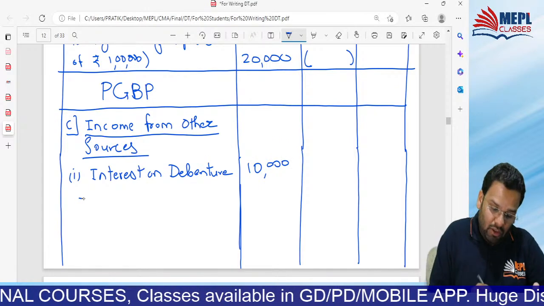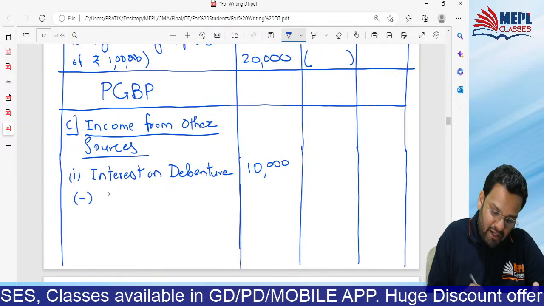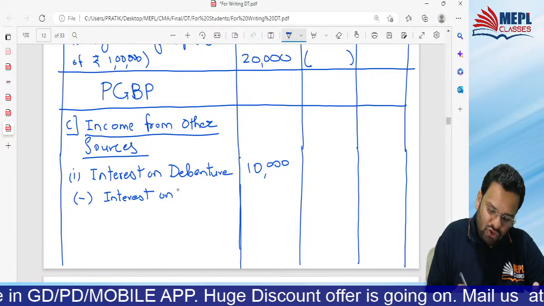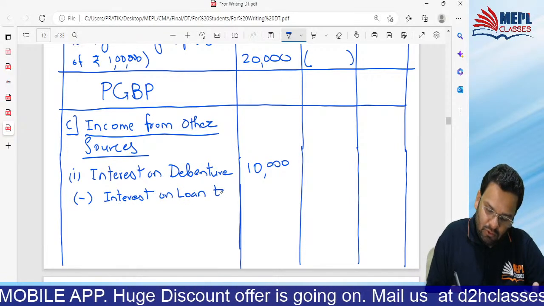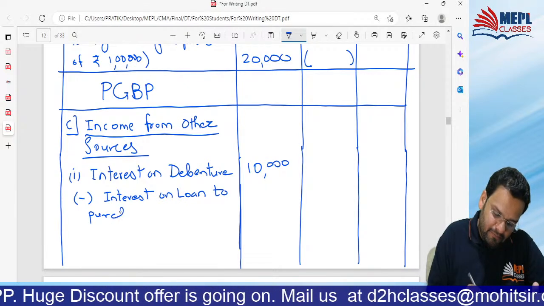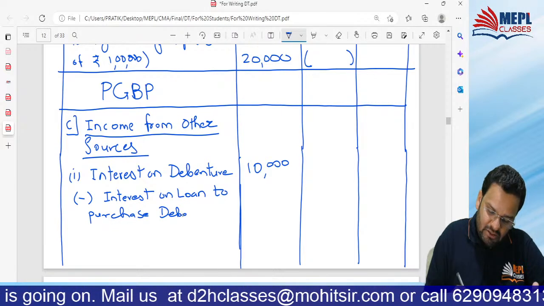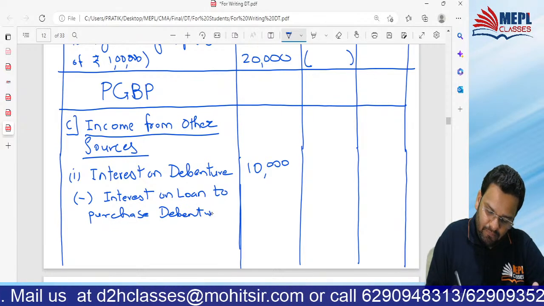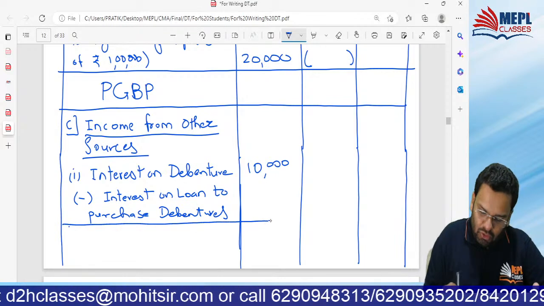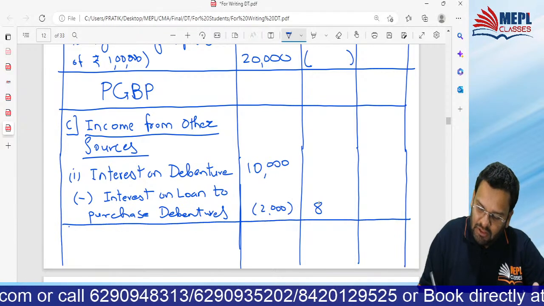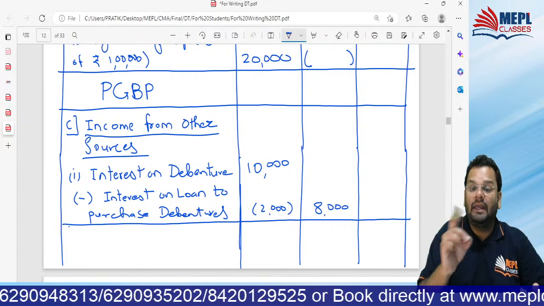But to earn this 10,000, you have taken interest on loan to purchase debenture. What is interest on loan to purchase debentures? Interest on loan to purchase debentures is 2,000. So this taxable figure will be 8,000.